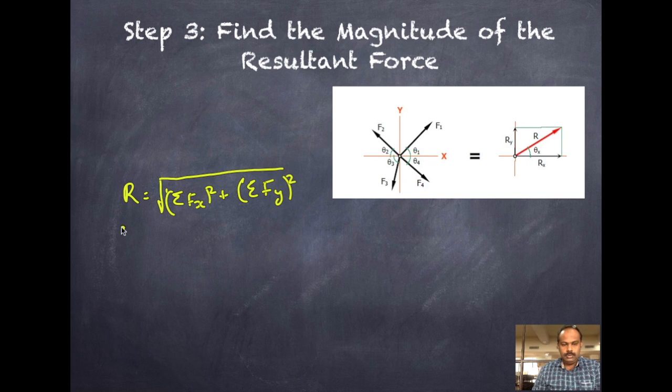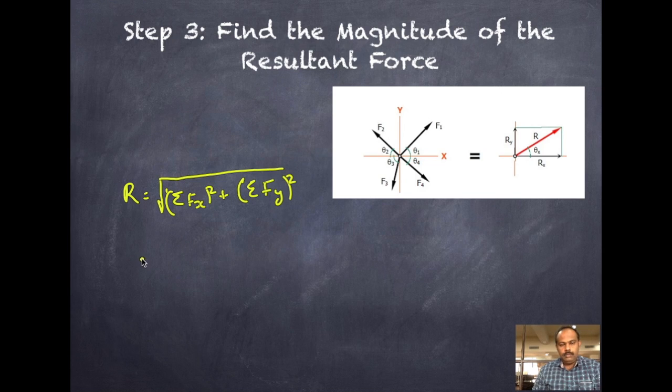So the resultant we can find by taking the square root of the sum of the squares of the vertical component as well as the horizontal component of each force, F1, F2, F3, F4. That will give our magnitude. What is the magnitude of the resultant force?